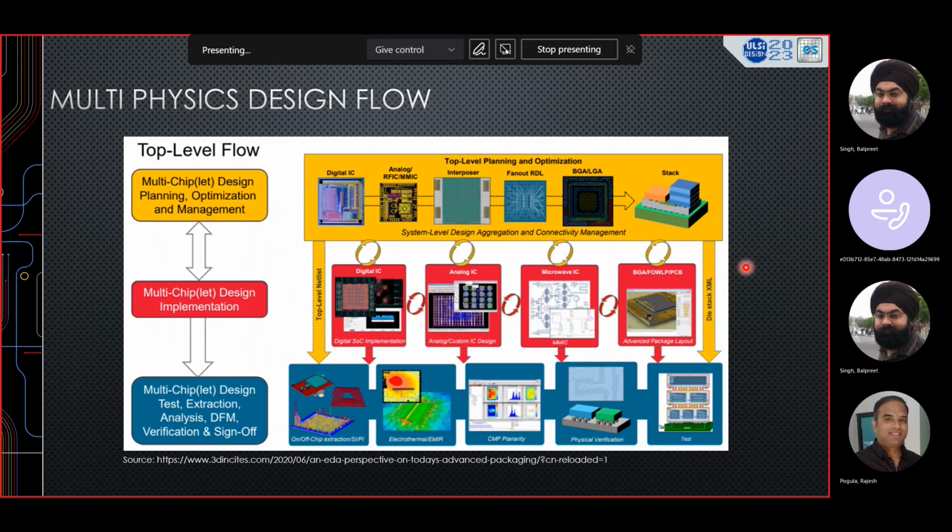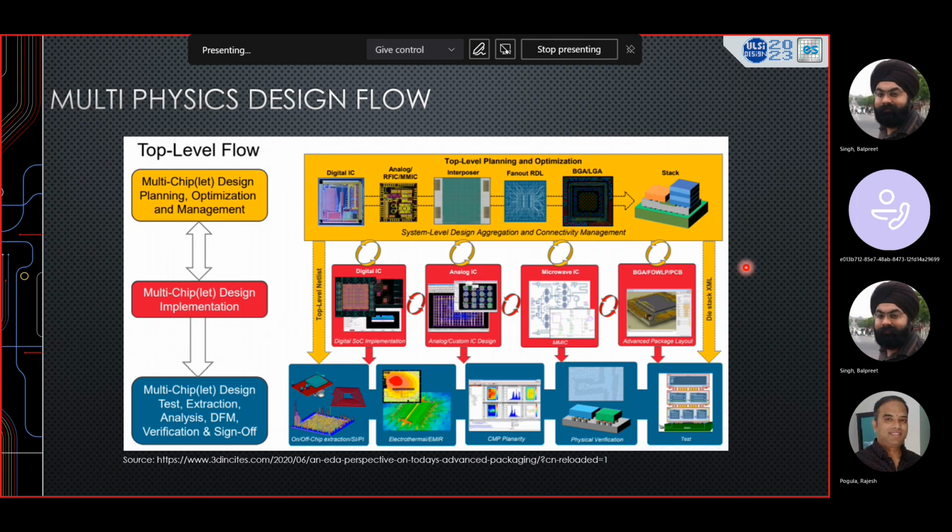But now we have to have tight partnerships. When we're designing or floor planning a chip, we need to talk to the package team and the product team, and the whole collaboration has to be together to create a better and healthy product. That's why early planning and optimization at the top is very important.